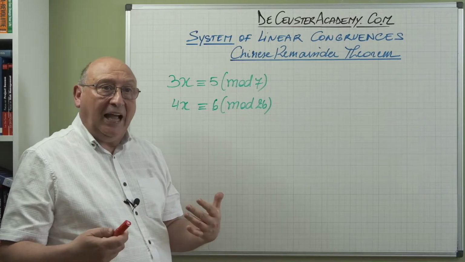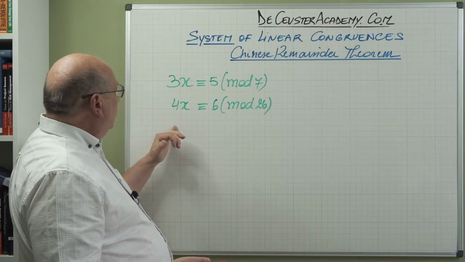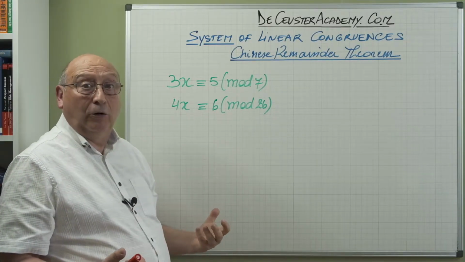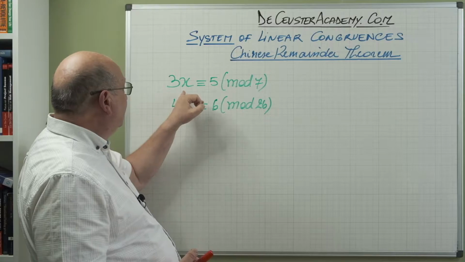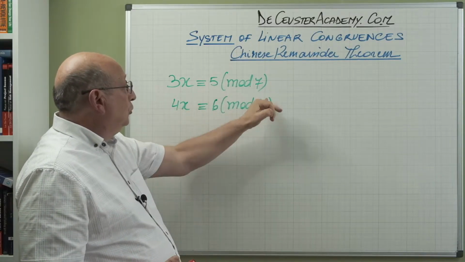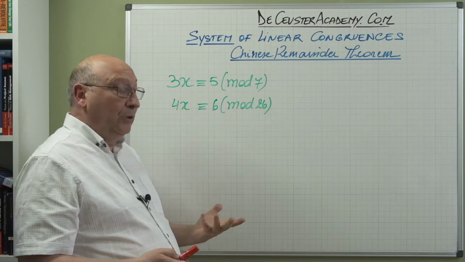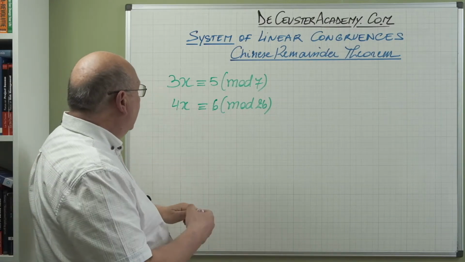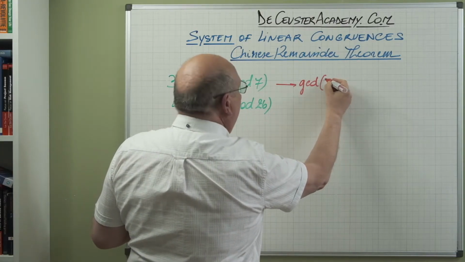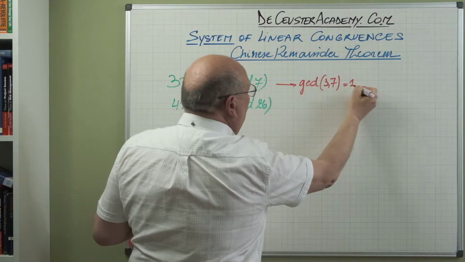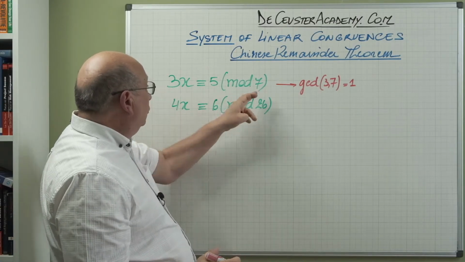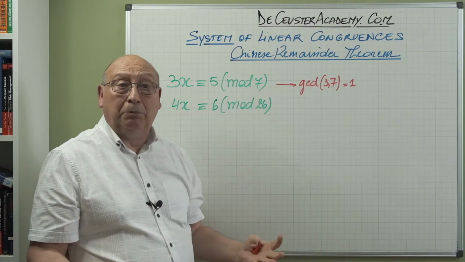The first thing that we have to do is, in fact, transform these equations into the classical form. So we have to transform this as x is congruent with a constant modulus 7. Now, when we look at this, we see that the GCD of 3 and 7 is equal to 1, which means that 3 modulus 7 is invertible.